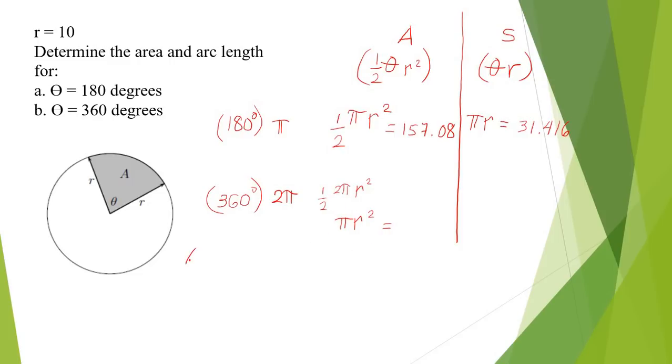This is the formula for a full circle, when theta equals one complete revolution, 360 degrees. We have one full circle, and the area for our circle is simply equal to pi r squared. When r is equal to 10, this will give us a value of 314.16.